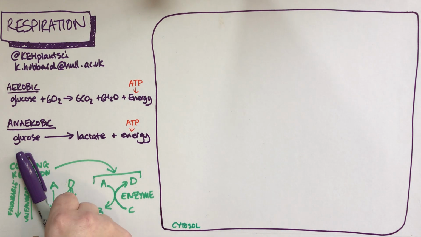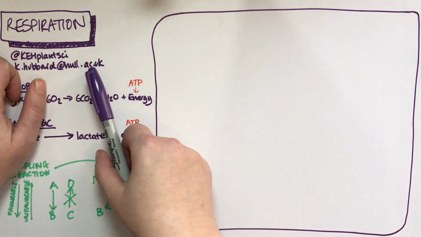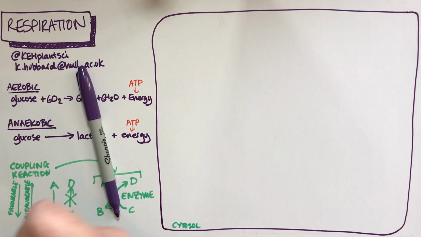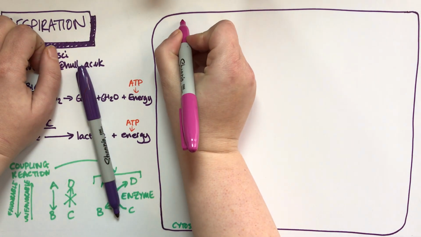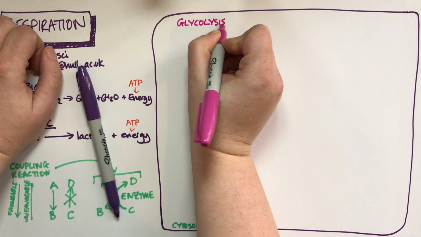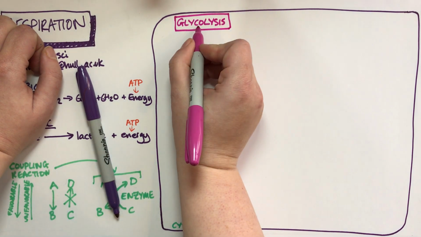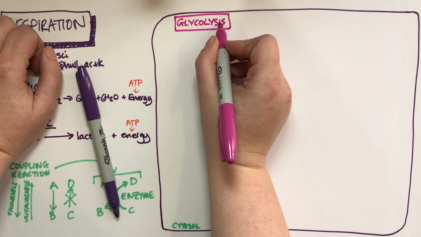Okay, the first process that we need to think about. So respiration is divided into three processes. So the first process is the process of glycolysis. So glyco is sugar and lysis means breaking apart.